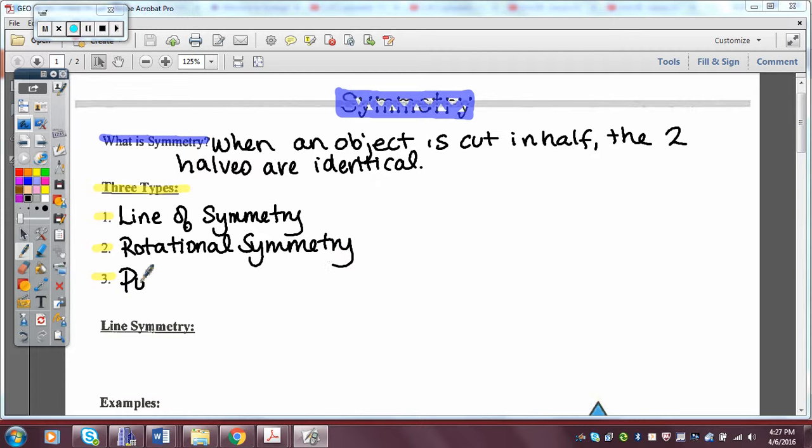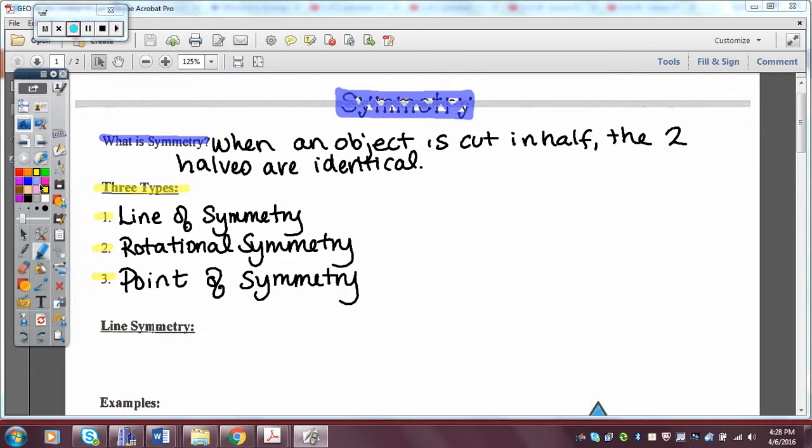And the last one is point of symmetry. Okay? Point of symmetry and rotational symmetry are a little bit similar. The big thing about point of symmetry is it can only happen at 180 degrees. Rotational symmetry can happen anywhere between 0 and 180 degrees. And we'll get there in a minute.